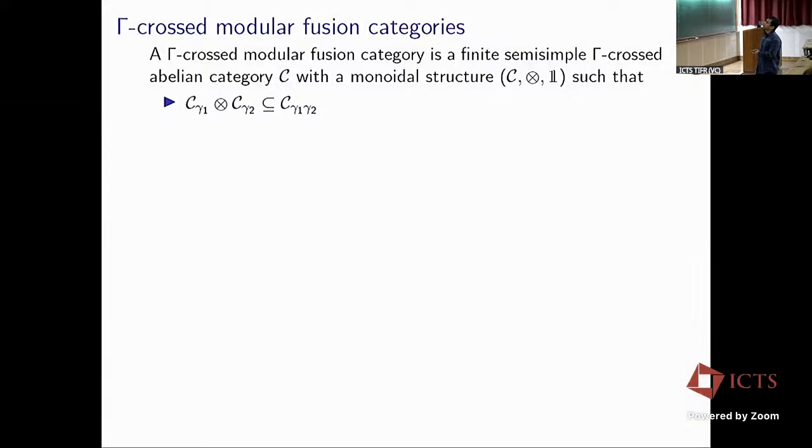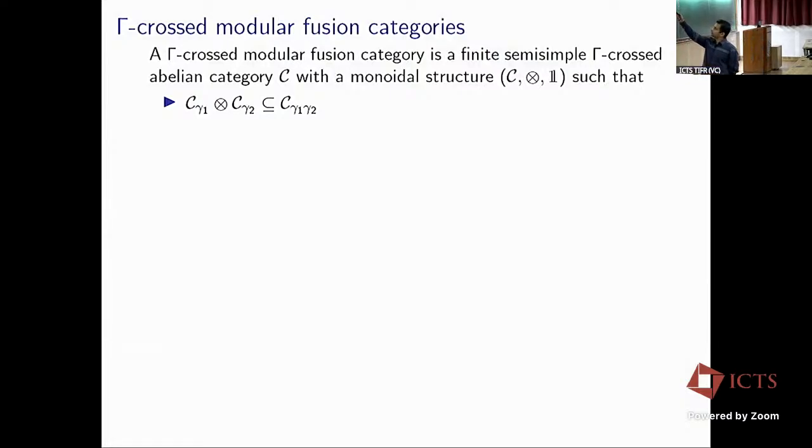See, we have a gamma crossed abelian category, which means there is a distinguished object, which I'm calling 1 here. And so the additional structure is the structure of a monoidal category. And this structure should satisfy these conditions.